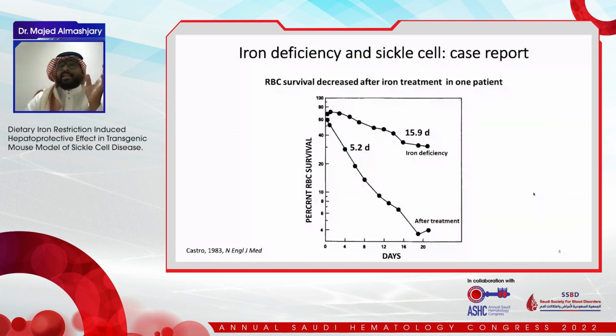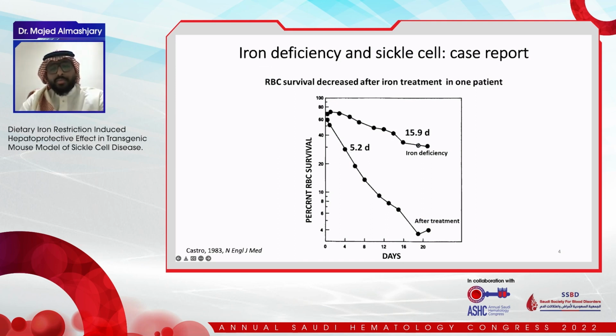There's a case of an iron deficient patient with sickle cell disease. Dr. Castro, who published this case report in 1983 in the New England Journal of Medicine, measured the RBC survival in this patient. He showed that 50% of the RBCs survived in the iron deficiency state up to 16 days.